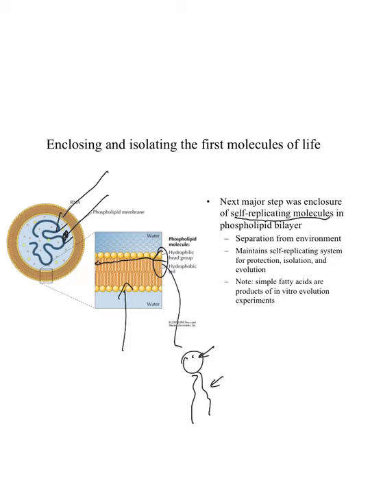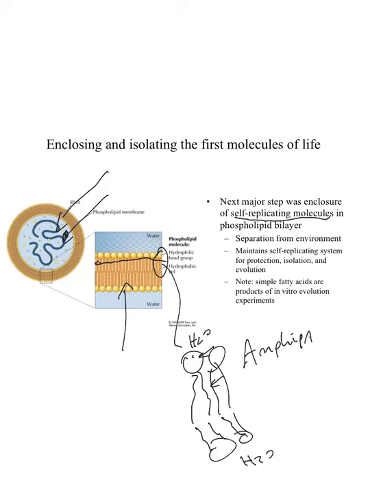So the hydrophilic portion will face the aqueous environment of the extracellular space if we're talking about the outer leaflet, and then the inner leaflet would face the aqueous environment of the cytosol. We just line these up one after the other. Amphipathic, if that's not a word you're familiar with, means containing both hydrophilic and hydrophobic domains. Phospholipids fit that definition quite nicely. And here we have the idea of a self-replicating RNA encapsulated by a vesicle of lipid.